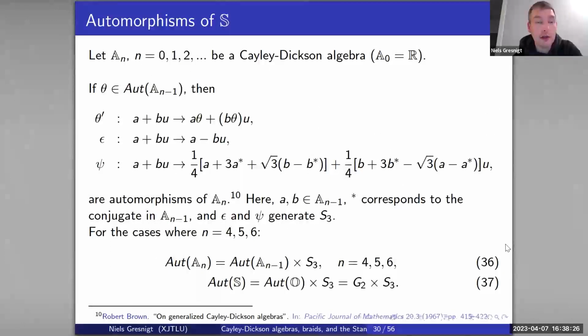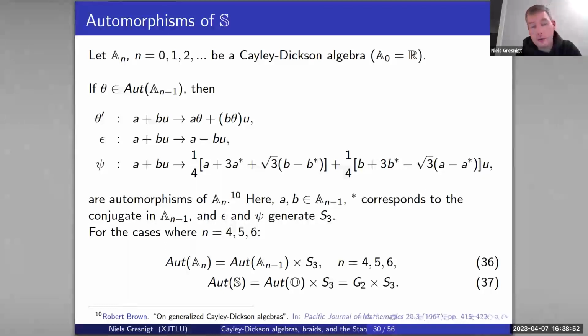So now let's have a look at the automorphisms of Cayley-Dickson algebras. And this was actually studied a long time ago in the 60s. So if we let A_N be a Cayley-Dickson algebra, where A_0 is equal to the real numbers, then if theta is an automorphism of A_N minus 1, or really this should be A_N perhaps. Yes.